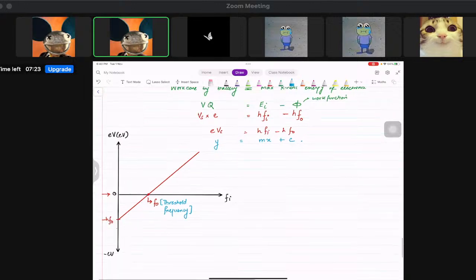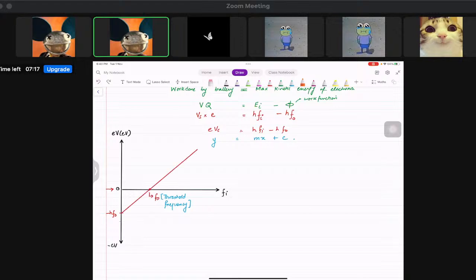So from this point onwards, if I go forward, it's basically the photoelectric emission. Is it clear?